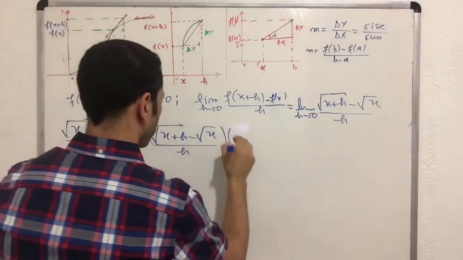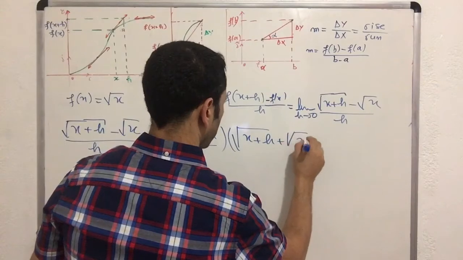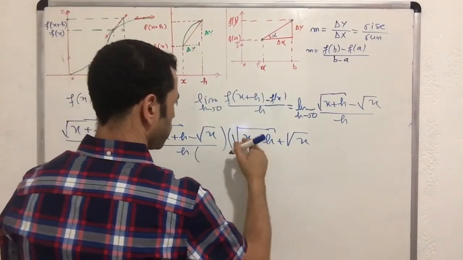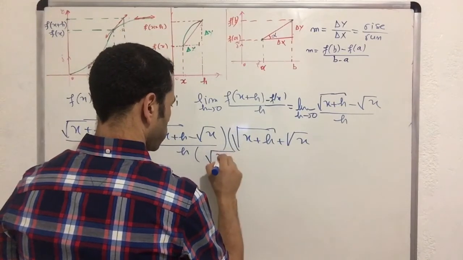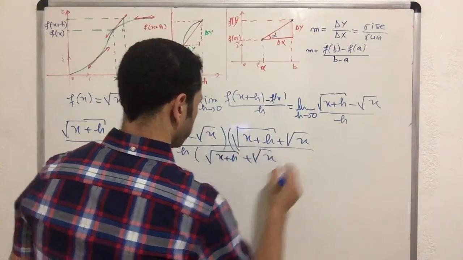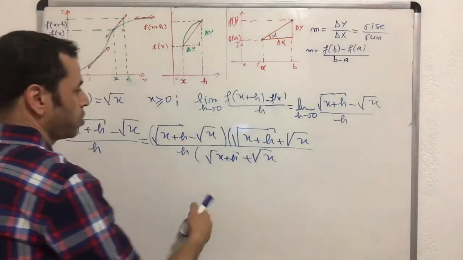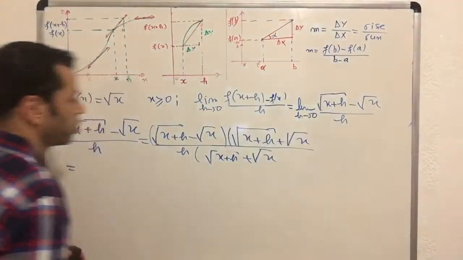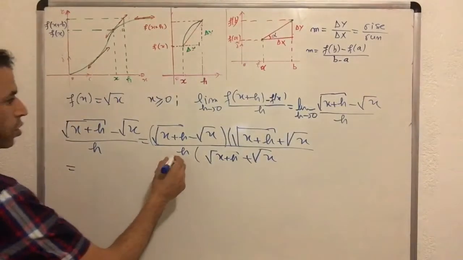Let's multiply this by the square root of x plus h plus the square root of x. As I'm applying this on the top, I have to apply it on the bottom as well. I'm doing nothing here, we're just multiplying by this over this, which is 1. So we multiply in order to change this form to get a new form where we can calculate our limit easily.